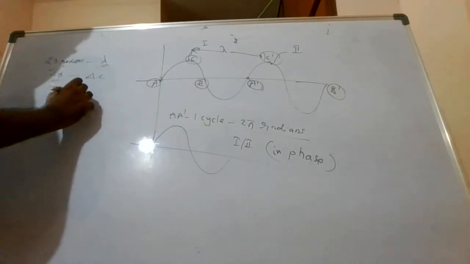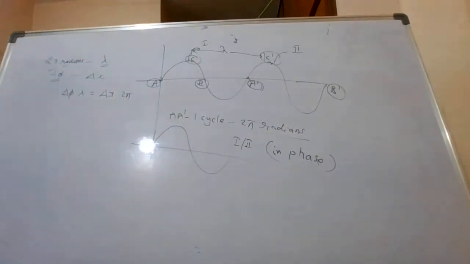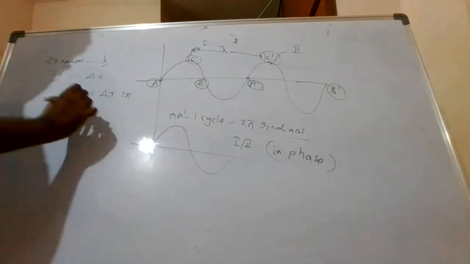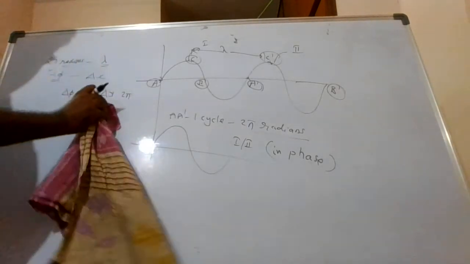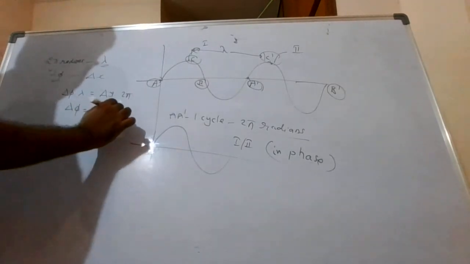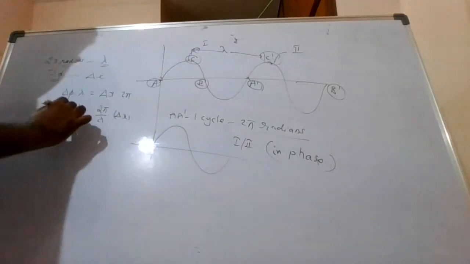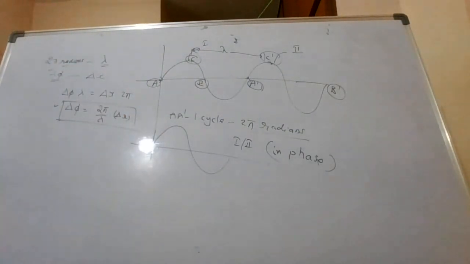Delta phi into lambda is equal to delta x into 2 pi, or delta phi is equal to 2 pi by lambda into delta x. Okay, this is the equation to find the phase difference between any two waves.